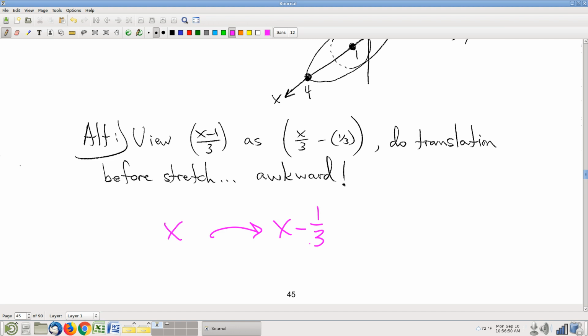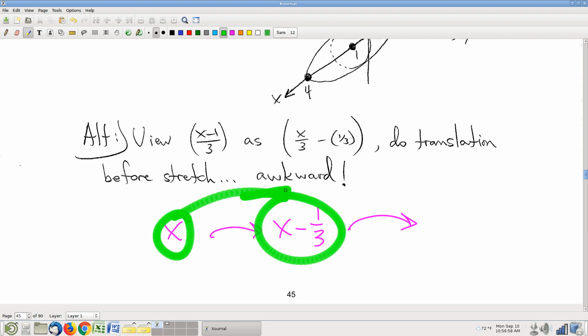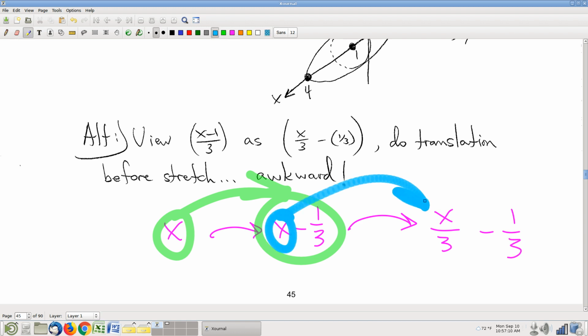So that's a translation. And then subsequently, you could replace x with x over 3. Like so, right? That's totally fine.